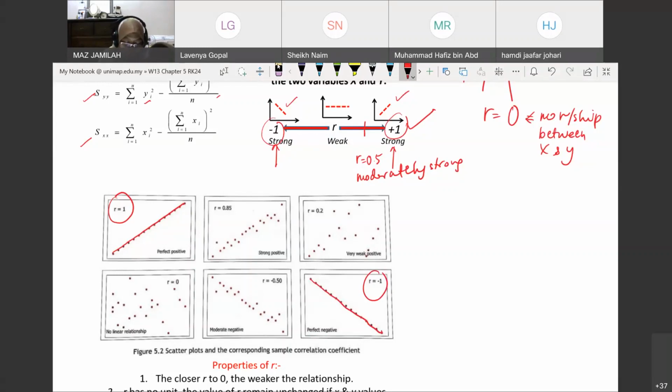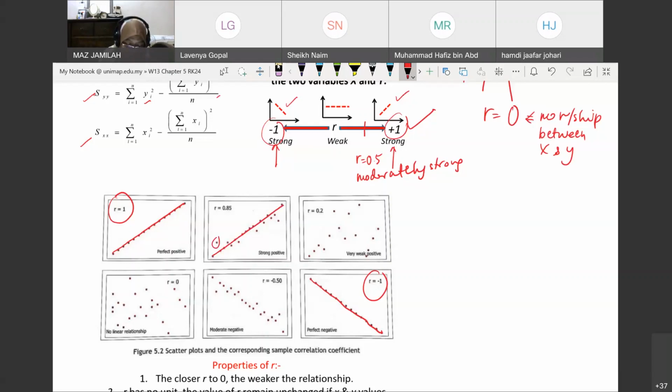But what if the value of your R decreases? For example, R is equal to 0.85. If you have your straight line, for example, this is your straight line. You can see a few of your data are not along the straight line.